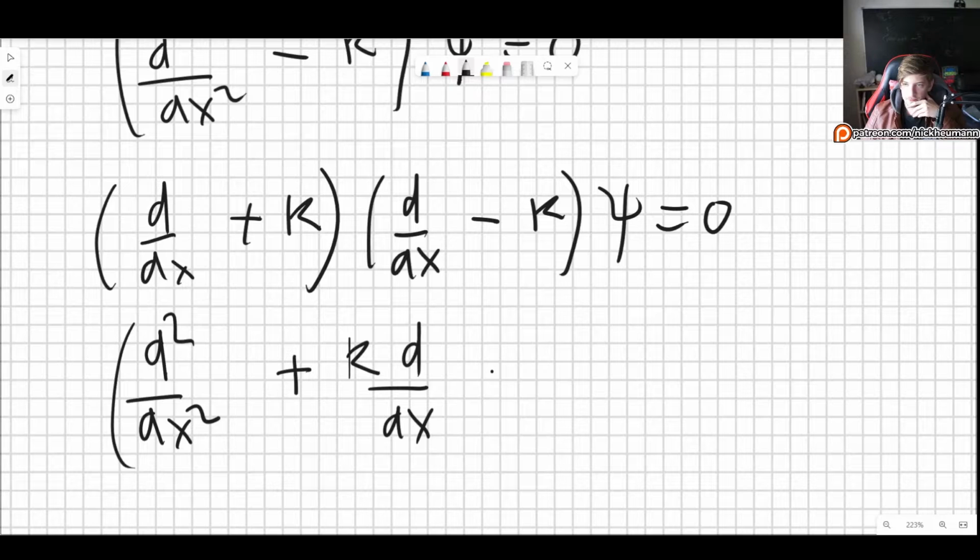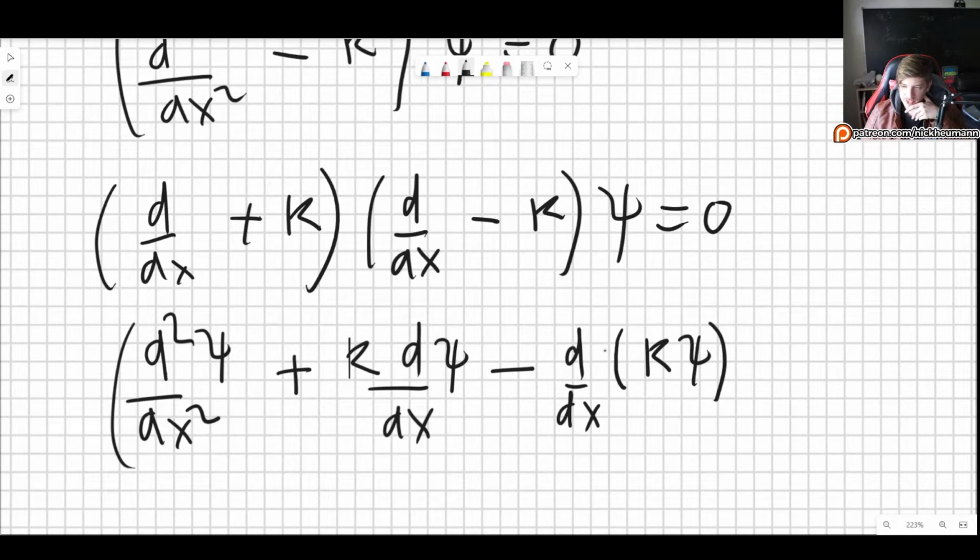Then we have minus d dx, and here you have to be a little bit careful, right? Because here we would get k times psi, right? If you just multiply through to get the psi as well, this will make it a bit more clear. So we would get the derivative of k psi, and finally we would get minus k squared times psi, of course, so times psi. So this is equal to 0.